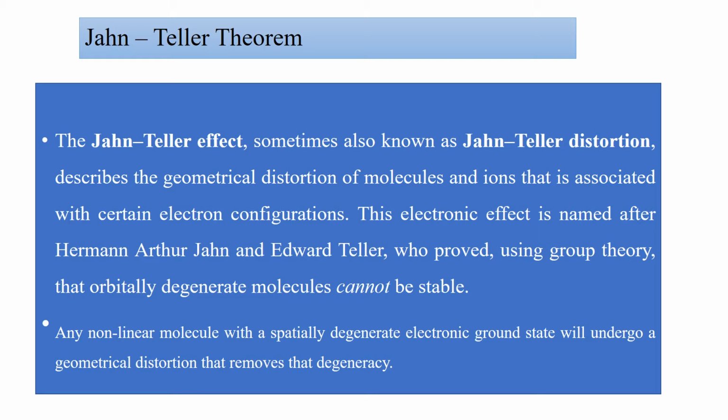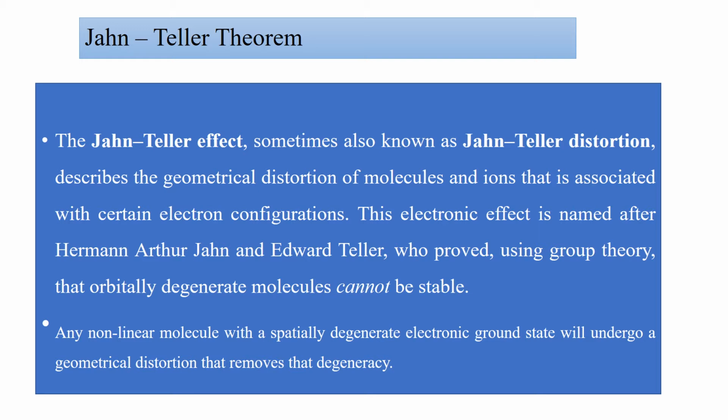That is, Jahn Teller theorem states that any nonlinear molecule with a spatially degenerate electronic state will undergo a geometrical distortion that removes that degeneracy.